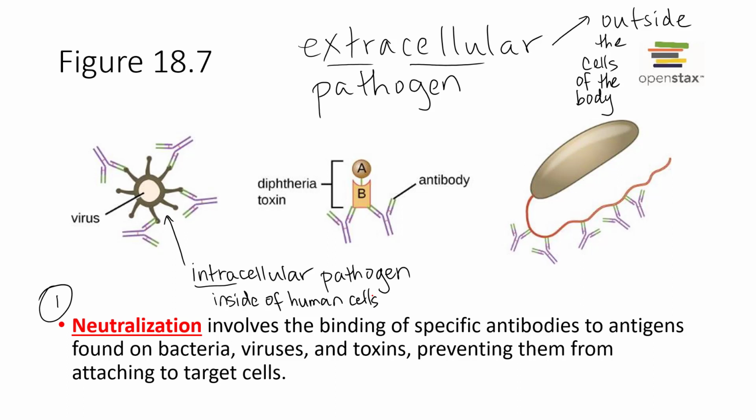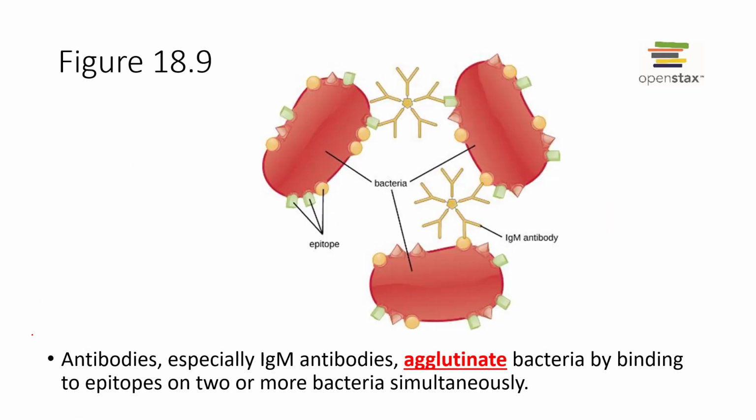And then over here in the third picture, we're looking at a bacterial pathogen where we have a bunch of antibody bound to the flagella, and that's going to prevent the bacteria from swimming efficiently. So neutralize, neutralize, neutralize. All right, function number 2 of antibodies. Here we're looking at IgM, that big giant tackle football player antibody, the pentamer, and it's showing us it can agglutinate.